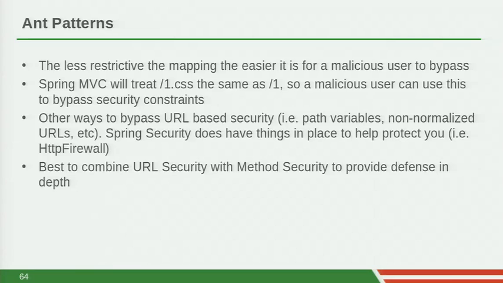Now, Spring Security has a lot of things in place to protect you against these things. Relative paths will be denied by the HTTP firewall built into Spring Security. So there's a lot of things built into it, but the reality is that URL-based security can be rather fragile. And so it's best to combine URL-based security with method security. And this is what is known in the security industry as providing defense in depth. If you get past one tier, you want to get secured in another tier.